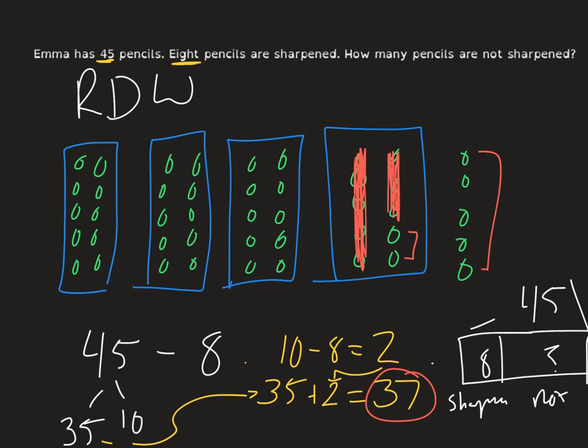All right, let's count. 10 plus 10 is 20, plus 10 equals 30. And now we add 2, and we add 5. Well, 2 and 5 equals 7.